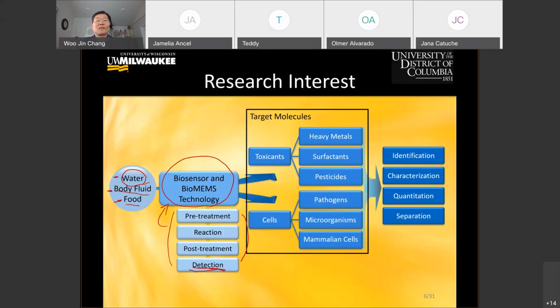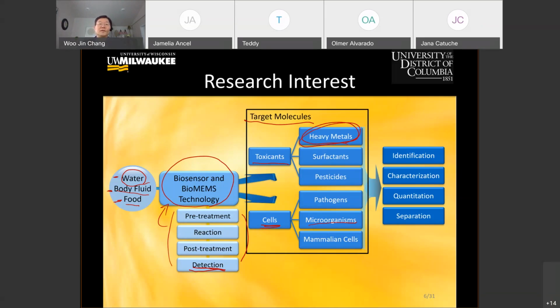And target molecules include some toxicants and some biomolecules. And well, in today's talk, I'll be more focused on these heavy metals only and pH and some briefly about the microorganism.